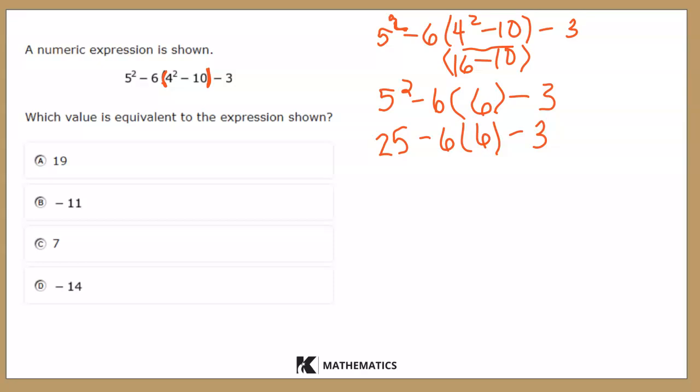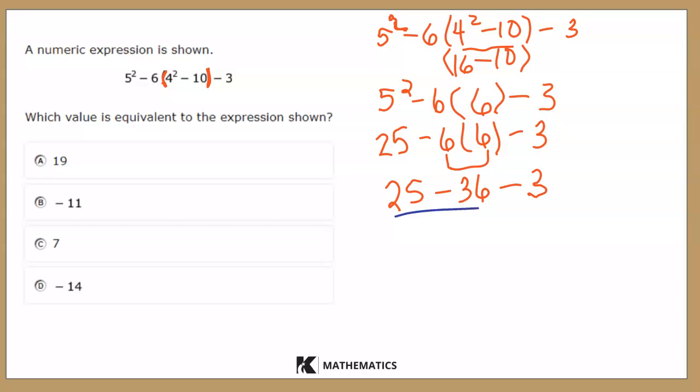We have subtraction, multiplication, and subtraction again. So I can count this as negative 6 times positive 6, which would be negative 36, and then minus 3. Remember that subtracting is the same thing as adding the opposite. Now I'm seeing 25 minus 36 minus 3.